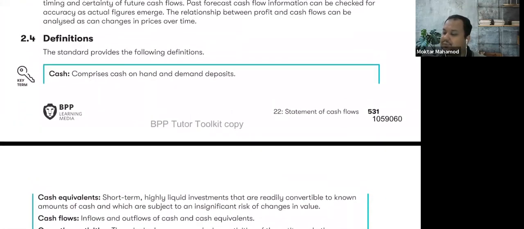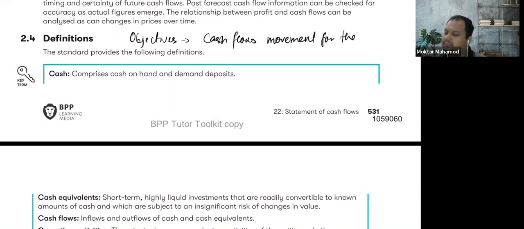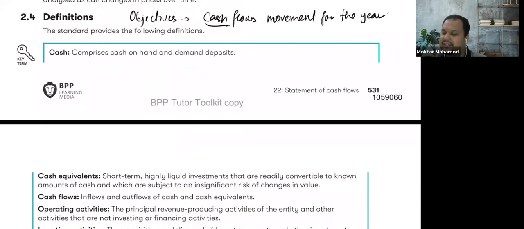The objective of the statement of cash flows is the cash flow movement, to assess or to look at the cash flow movement for the year. So it is important for you to understand cash first and also cash equivalent under this topic.